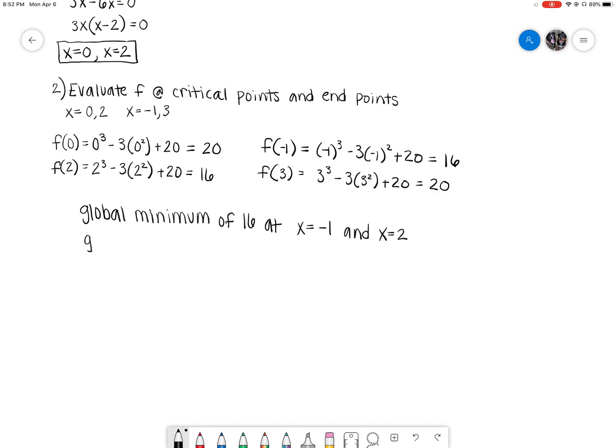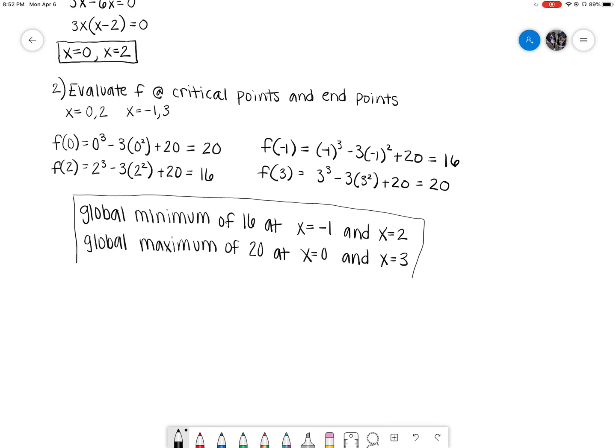And we have a global maximum of 20 at x equal to 0 and x equal to 3. So that was a little weird.